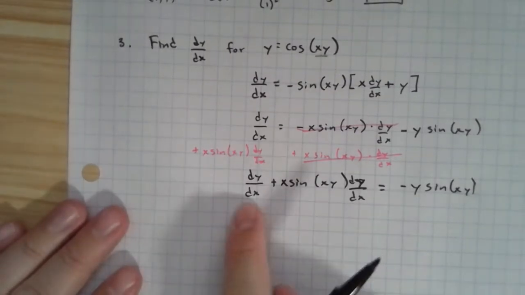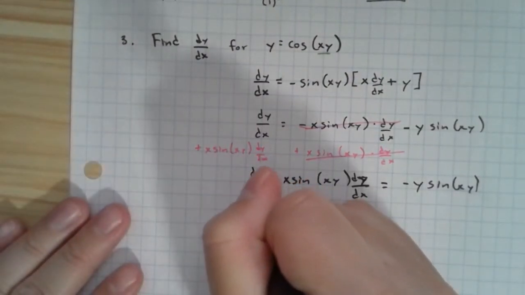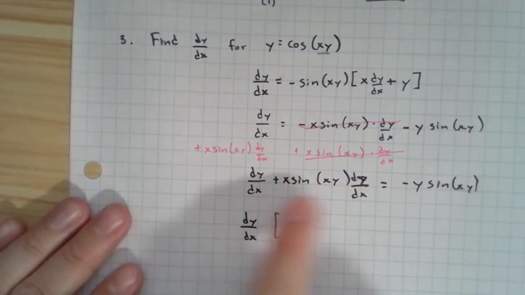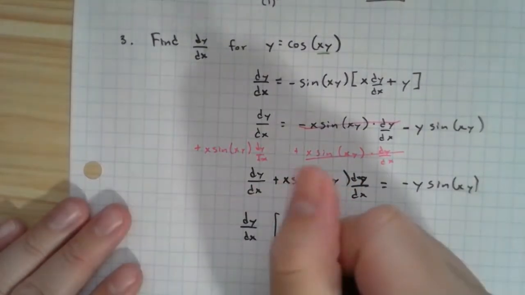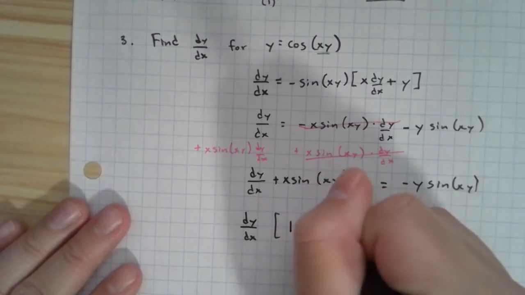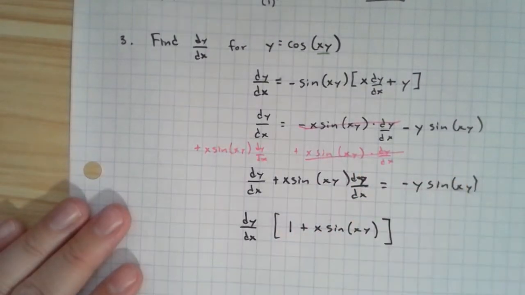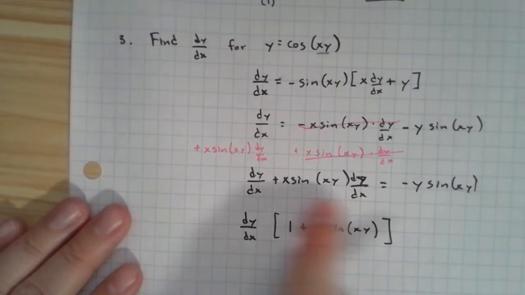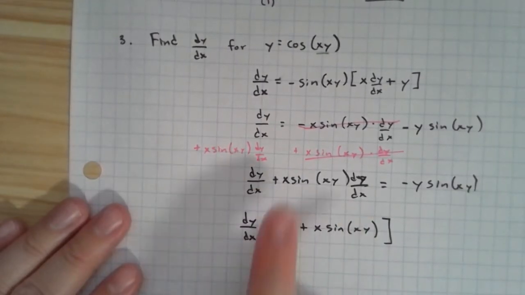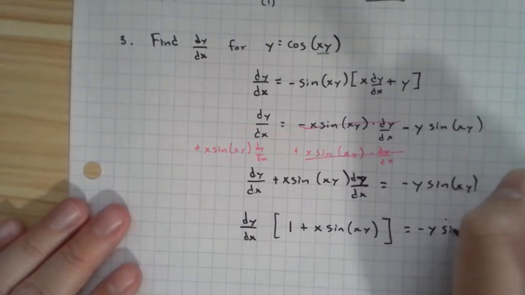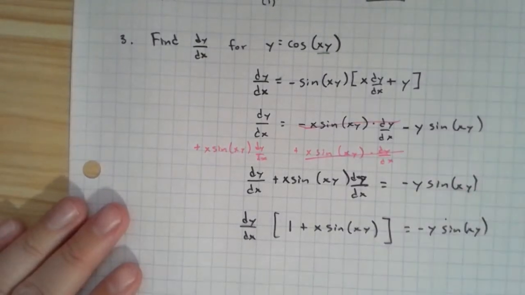Now this allows me to pull out a dy dx from all of this. So if I pull out a dy dx from this, I have 1 plus x sine xy, right? Because I pull out a dy dx from both these terms. That's equal to negative y sine xy.